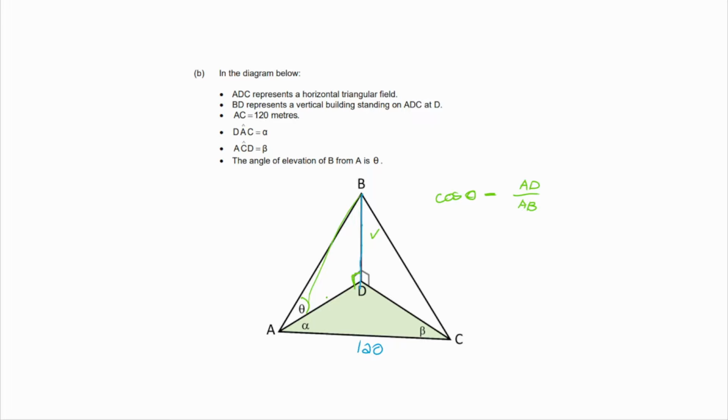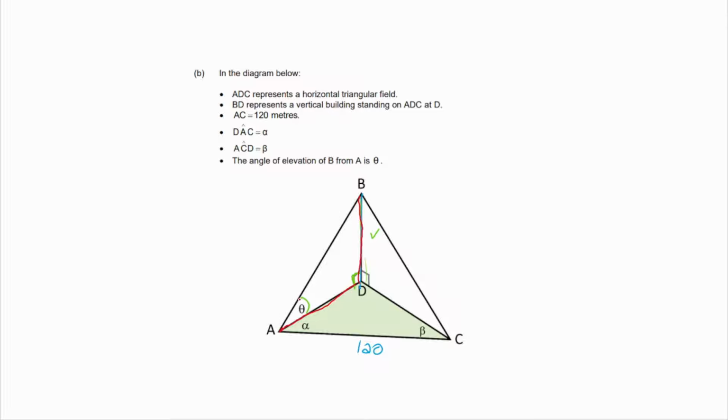But we don't know AB. And remember, we're trying to include something that has BD. So essentially here, we need some ratio. AD we can find because we have enough information down here, and remember, we're trying to include alpha and beta. So we need to find BD, we need to mention AD.